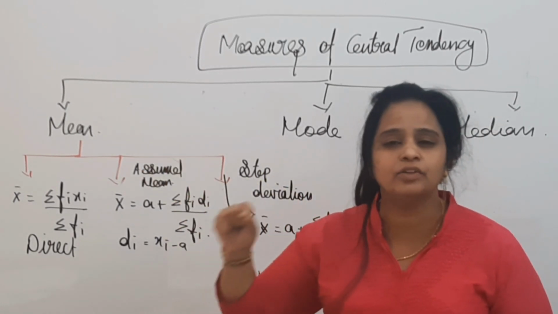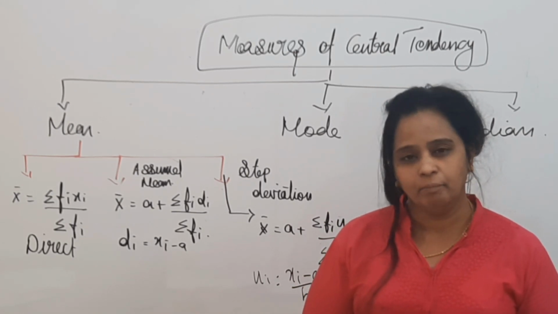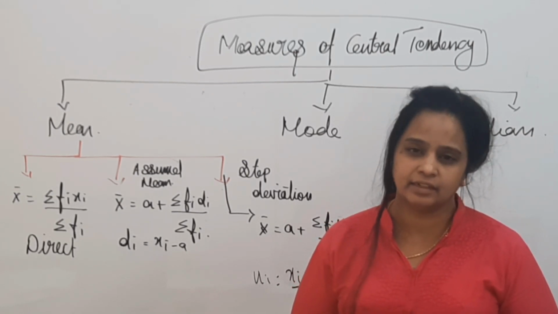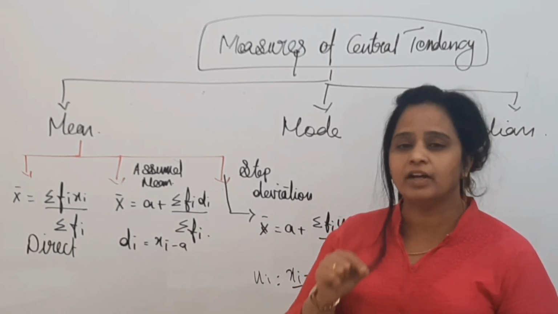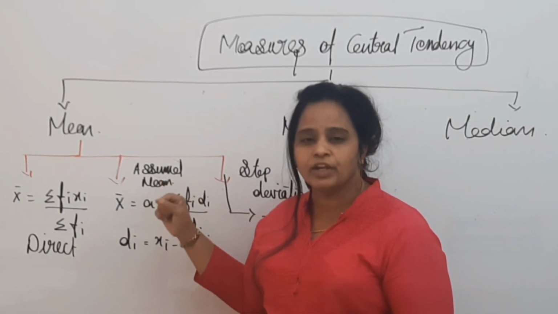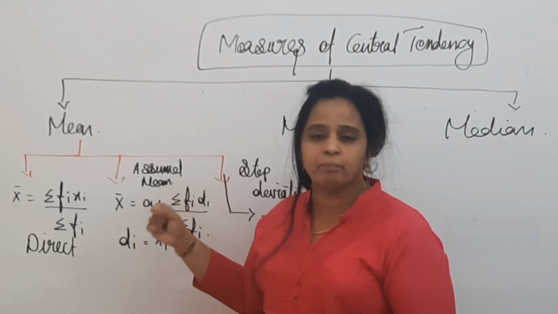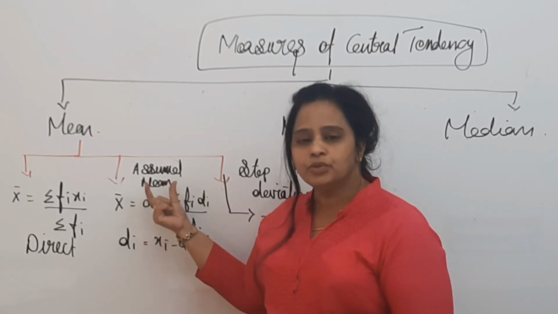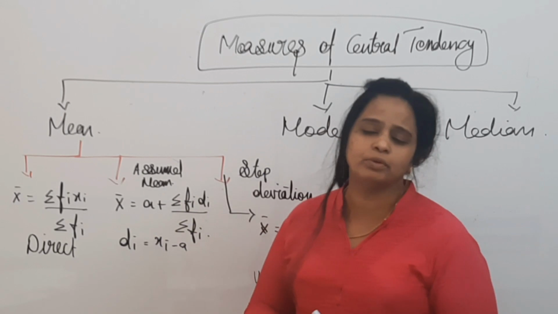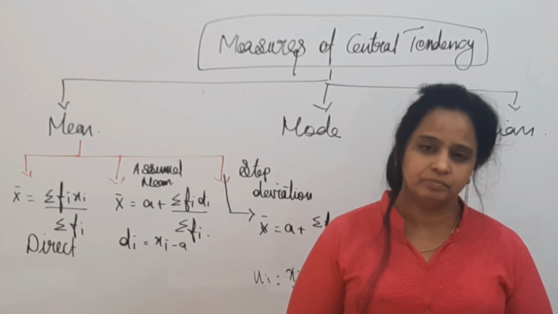If they specify a particular method, that means, find the mean of the following data using the assumed mean method, then you have to use only the assumed mean method to score full marks for that question.